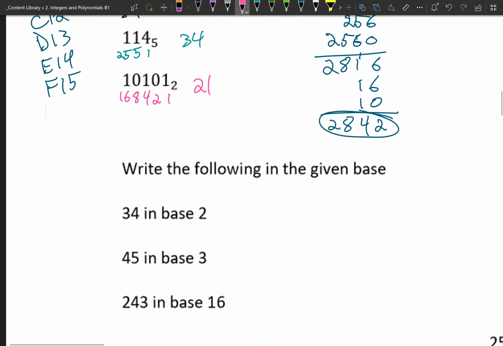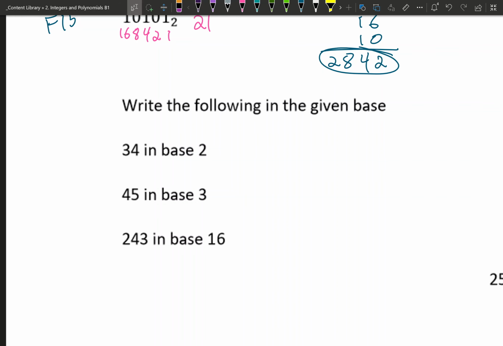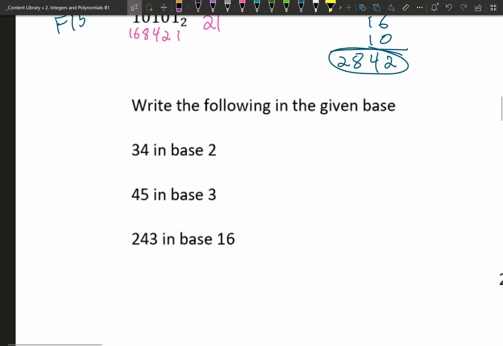Now, going the other way, from our decimal system, from base 10, into a different base, we need to end up dividing. So we set up our place values. For base 2, we've got our 1s place, our 2s place, our 4s place, our 8s place, our 16s place, our 32s place, and we do not need our 64s place because 64 is greater than 34.